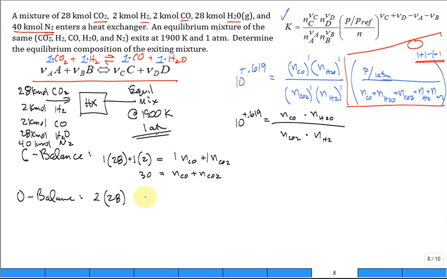Well, I had 2 kilomoles of carbon monoxide coming in, bringing with it 1 for every 1. And do I have any oxygen with the water? Yes. So we had 28 kilomoles of the water, H2O, and for every 1 is 1 coming in. True? That's the oxygen balance on the N. And when you sum that up, you get 86.